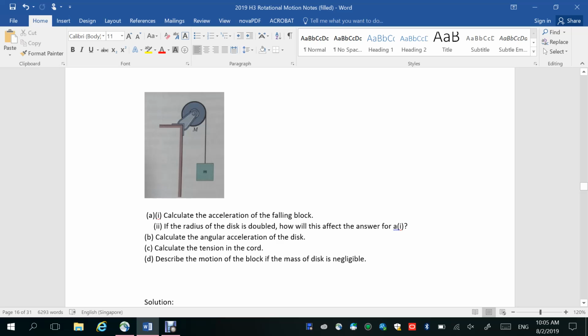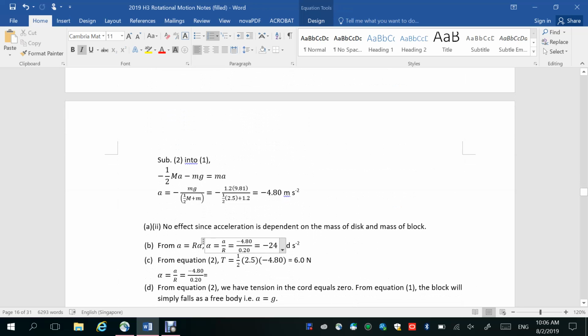But with respect to the mass, the tension is upward, so it's actually anti-clockwise. So to calculate the tension in the cord, I'm using equation 2.